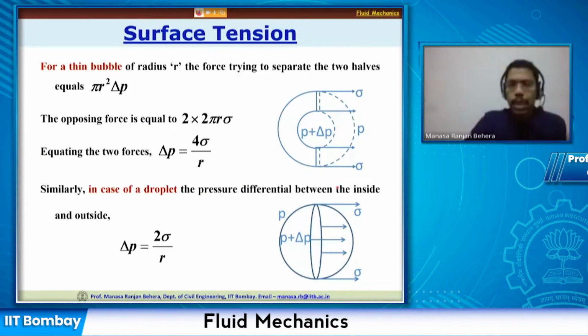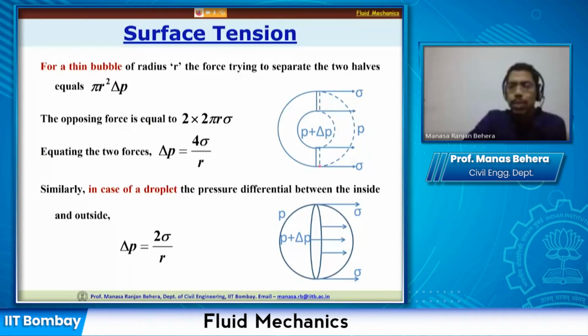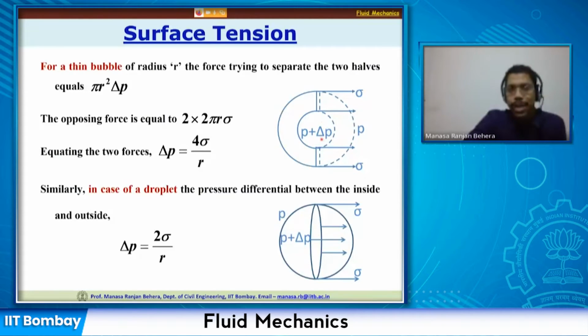So here the pressure, always we need to consider the projected area, and when we consider the projected area, this is nothing but pi r square, and the pressure that is acting on that surface in both equal and opposite directions is nothing but your delta p, because outside pressure is p, inside p plus delta p, so the change in the pressure difference is delta p. So that is the force effectively acting to separate or split the bubble into two halves.